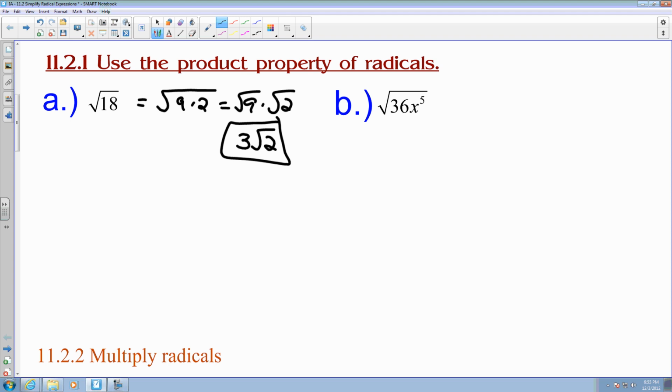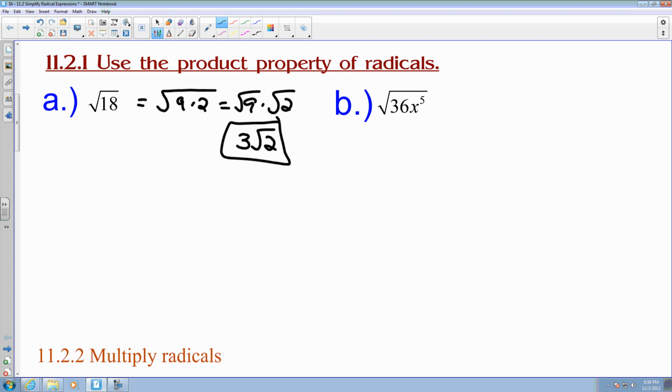If we look at B, 36 actually is a square number. That can be written as 6, but we've got x to the 5th. Now, if it's an even exponent, we can make that into a perfect square.